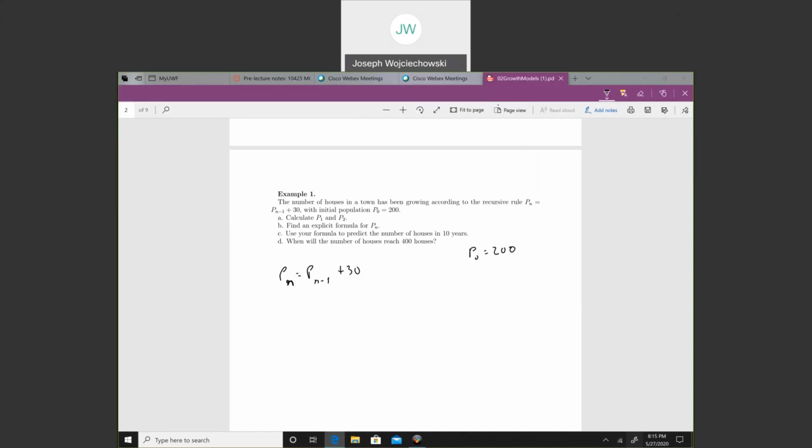So let's calculate p1 and p2. p1 would be p sub n minus 1, 1 minus 1, plus 30, which is essentially p1 is equal to p0 plus 30. So p1 is equal to 200 plus 30, which is 230. p2 would then equal p1 plus 30, which is 230 plus 30, which is 260.